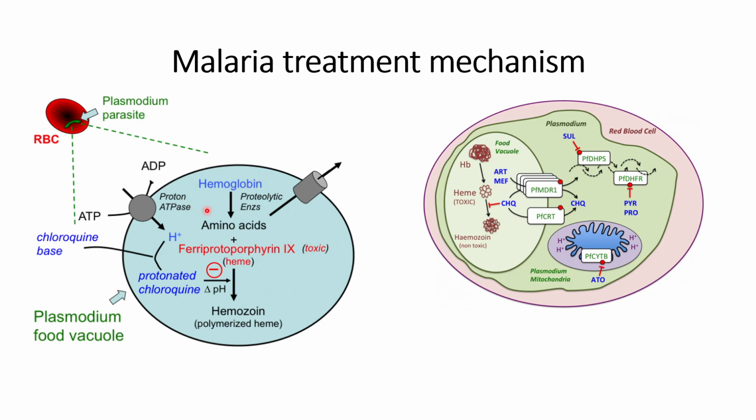The parasite gets its amino acids from hemoglobin. So the breakdown of hemoglobin produces amino acids and ferriprotoporphyrin 9, which is a toxic component, or in short, heme. In the normal form, this toxic component is polymerized under the effect of pH, becomes non-toxic, and is converted into the polymerized form called polymerized heme.